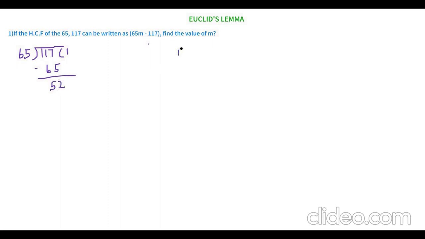So let's write our first step, which is: since 117 is greater than 65, we will divide 117 by 65. When we divide these two, what quotient did we get here? Our quotient is 1 and our remainder is 52. So by Euclid's division lemma, that is EDL, I've just written the short form, you can write the whole form.